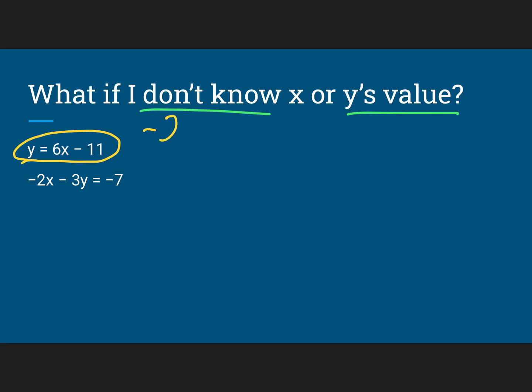So I have negative 2x minus 3 times y. I'm just going to leave these blank right now, equals negative 7. So I'm going to take this value and put it right there. So y becomes 6x minus 11. Okay, so now I've rewritten the equation. Now you see the only thing I have in is x's.